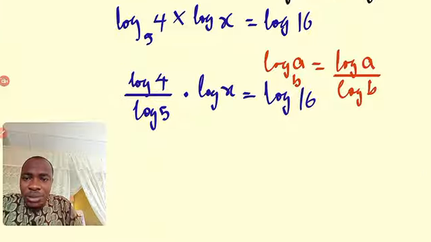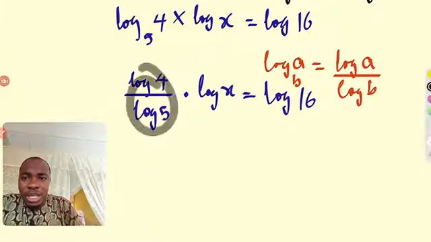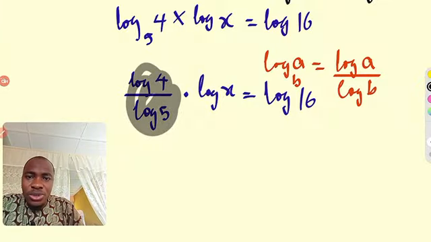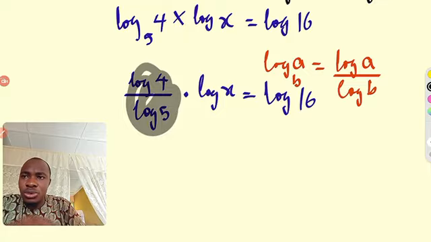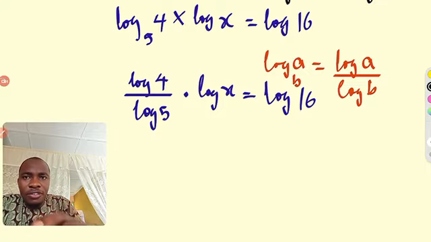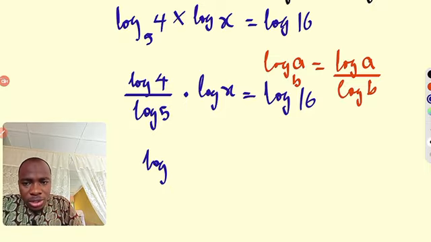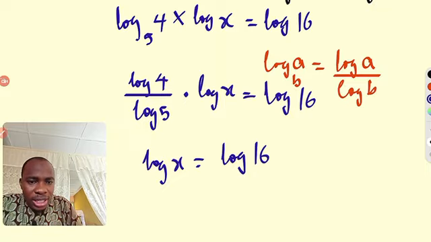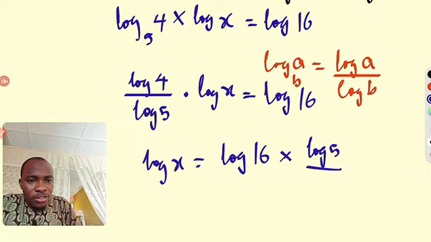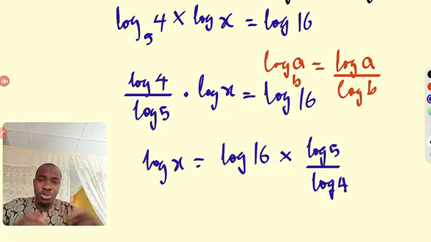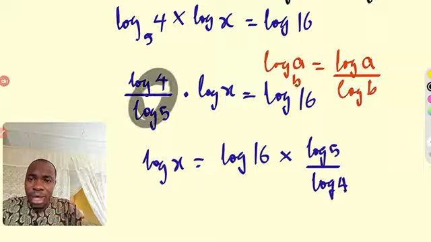If I divide both sides by this, so what do you think will happen? We're going to have log x equals log 16 multiplied by log 5 divided by log 4. So that is what will happen if you divide both sides by this.